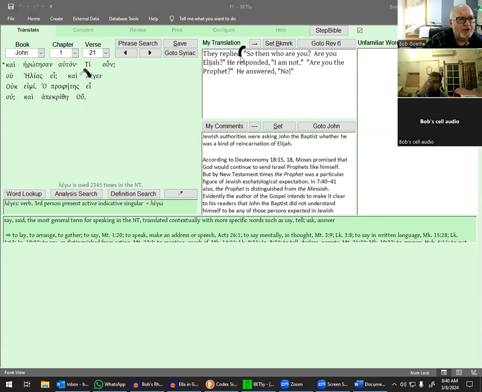So the editor of this version, when he wants to start a direct quotation, uses an uppercase letter. So they replied to him, "Who therefore are you?" And since it's the beginning of a quotation, they use an uppercase letter. So our version does not use quotation marks, but one of the uses of uppercase is to start a direct quote.